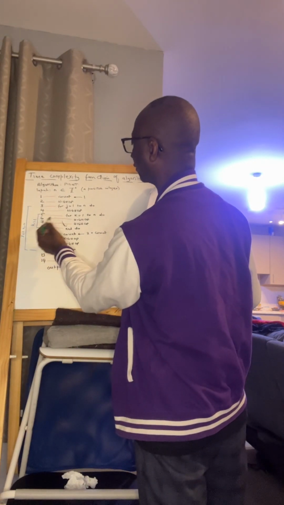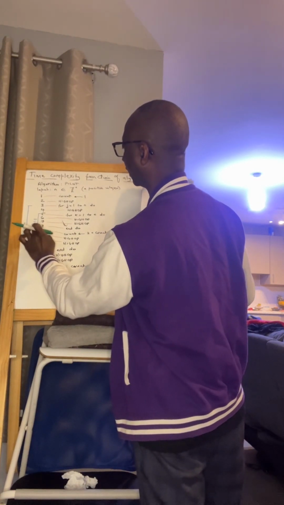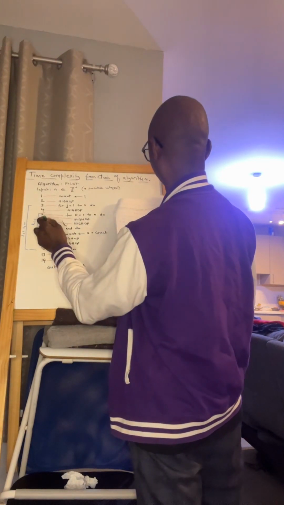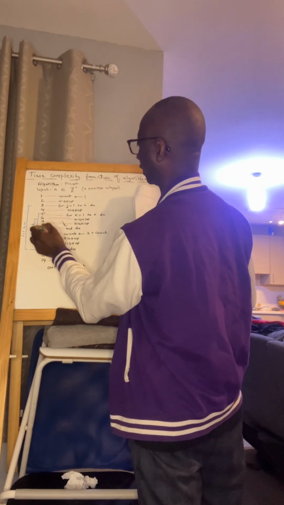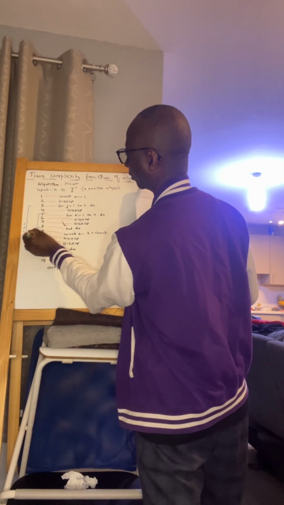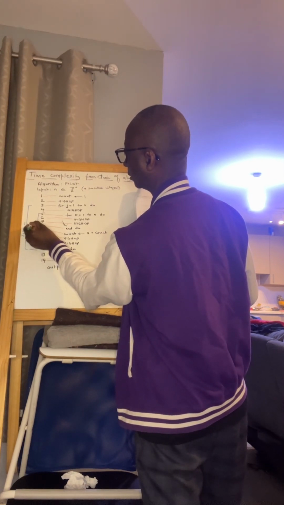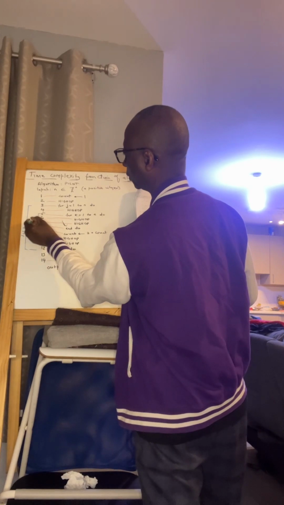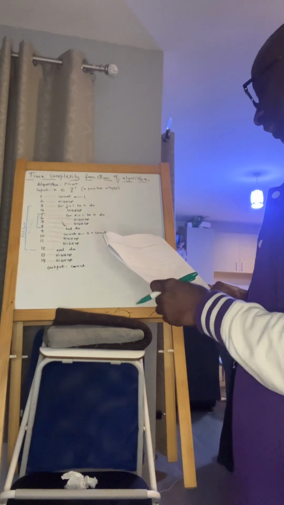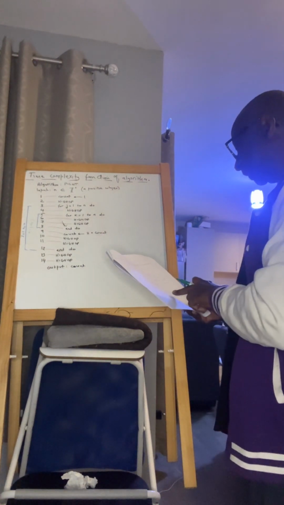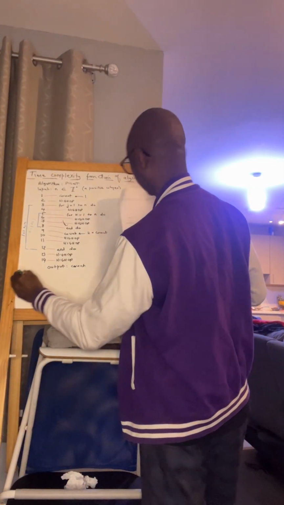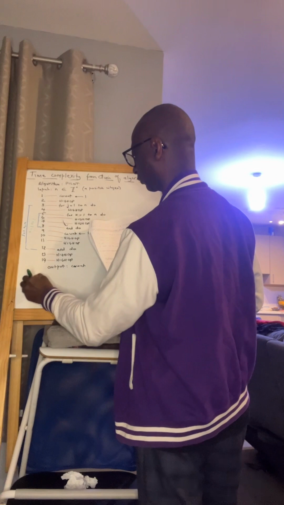So this line 5, we are changing this instruction from k equals 1 to n, now to k equals 1 to j do. The question says, is the time complexity still of order theta of n squared?